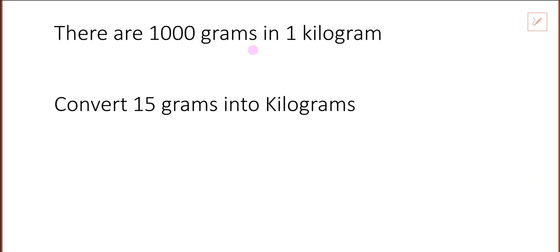So next one then. There are 1,000 grams in 1 kilogram. Turn 15 grams into kilograms. So I can write my ratio as grams to kilograms, and I've got 1,000 grams is 1 kilogram, and I want to know 15. So what do I do?